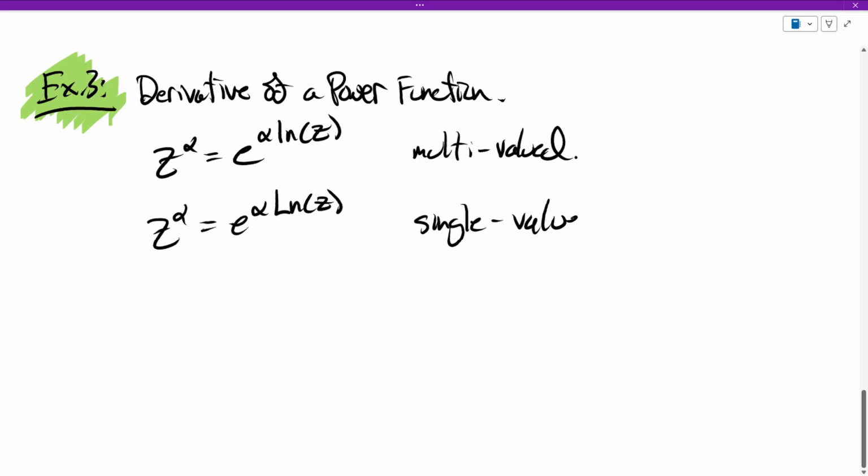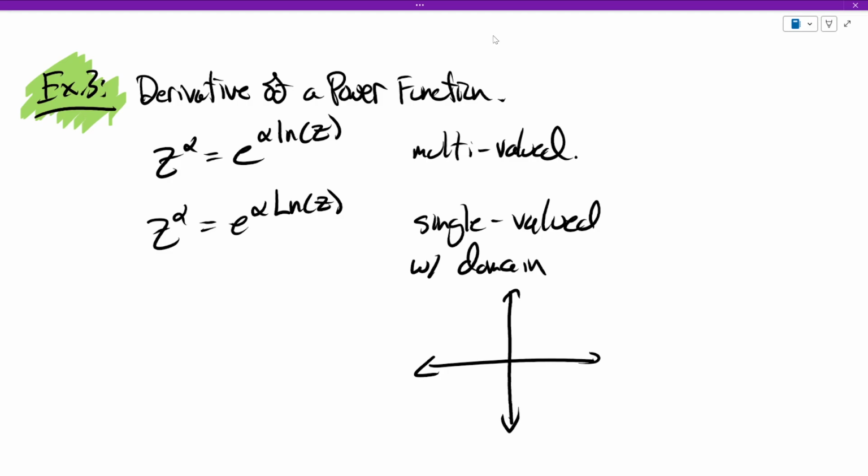And actually, to be differentiable, we want the domain to be the following subset of C. Since it's defined with the log function, we're going to take the same domain as with log. So we're going to take our branch cut, which is delete the non-positive real axis, so the negative real axis and then 0.